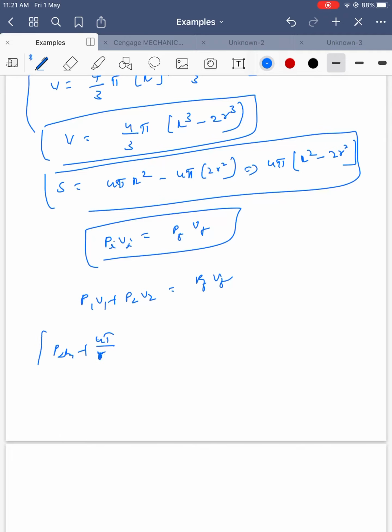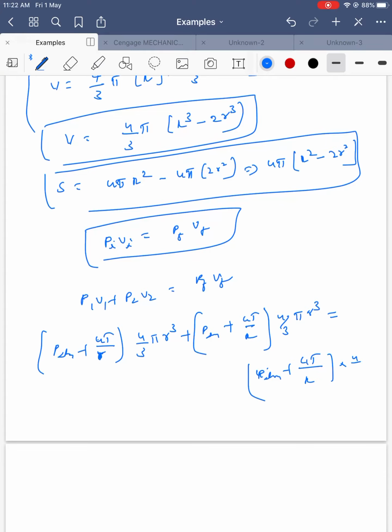R1 is nothing but small r, and V is 4 by 3 pi r cube, plus P2, which is P atmosphere plus 4T by r, into 4 by 3 pi r cube, is equal to the final pressure times final volume: P atmosphere plus 4T by capital R into 4 by 3 pi into capital R cube.